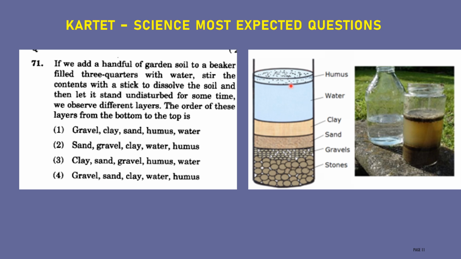Humus has less density, therefore it will float on the upper layer of the water. The order is first stone, then gravel, third sand, fourth clay, then water, then humus. The correct answer for this question is gravel, sand, clay, water and humus.